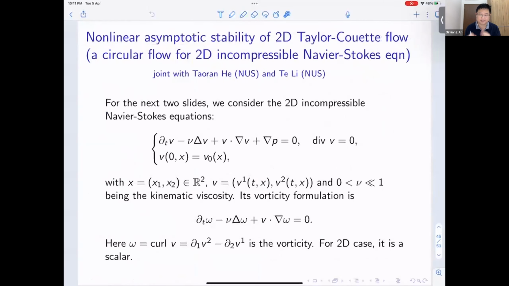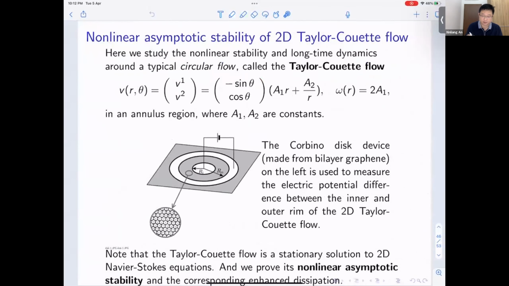The next result I want to mention is with Mr. He Taoran, who is still a PhD student here, and with Dr. Li Te, a postdoc here. For the incompressible Navier-Stokes equation, we proved the nonlinear asymptotic stability of the 2D Taylor-Couette flow. The Taylor-Couette flow is a circular flow for the 2D incompressible Navier-Stokes equations, which is in the annulus region.